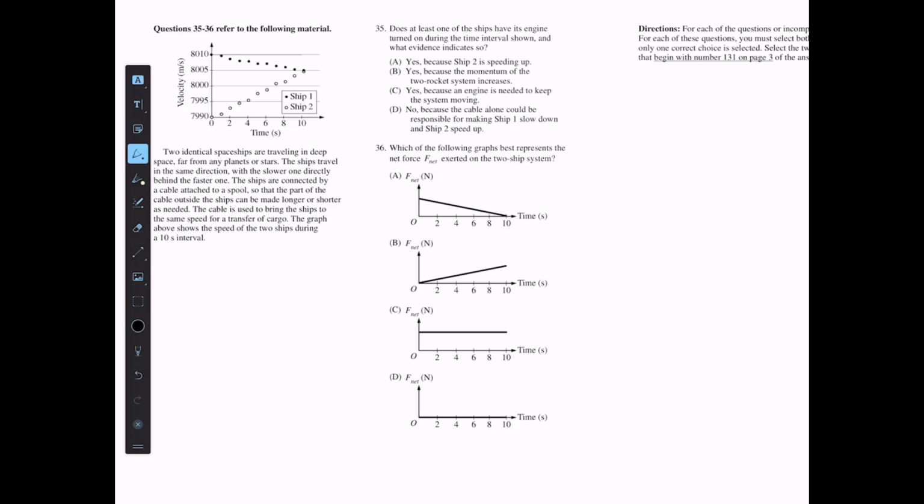Okay, so they have the same mass. So let's see how the momentum changes. The initial momentum is m times the first ship's speed plus m times the second ship's speed. And then the final momentum is when they have the same speed.